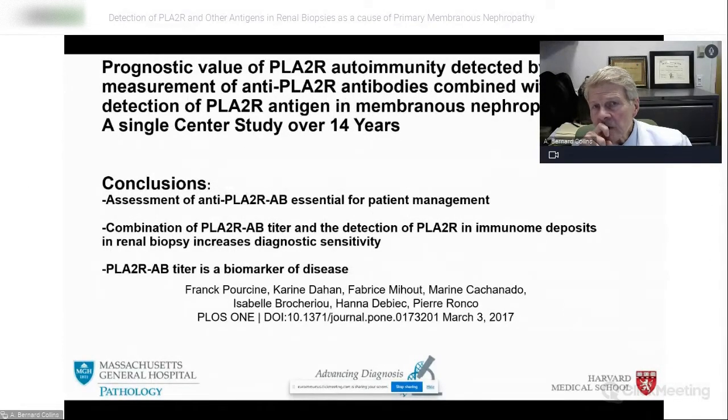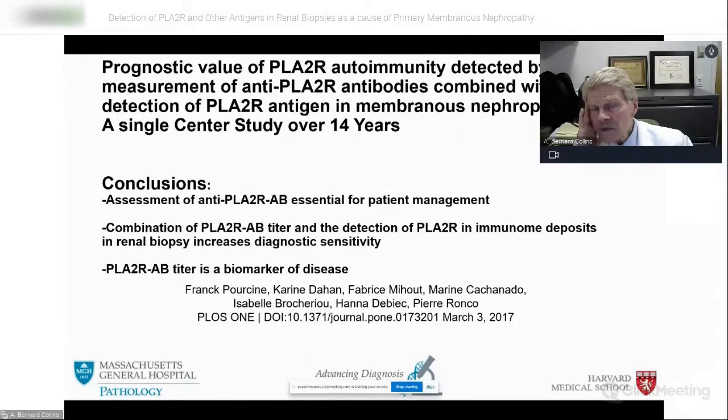Others have also reported the prognostic value and treatment value for following the titer of these autoantibodies in membranous. This was a single center study, longitudinally followed for 14 years in Europe, and it showed the prognostic value of PLA2R autoimmunity detected by measurement of anti-PLA2R antibodies combined with the detection of PLA2R antigen in the deposits.